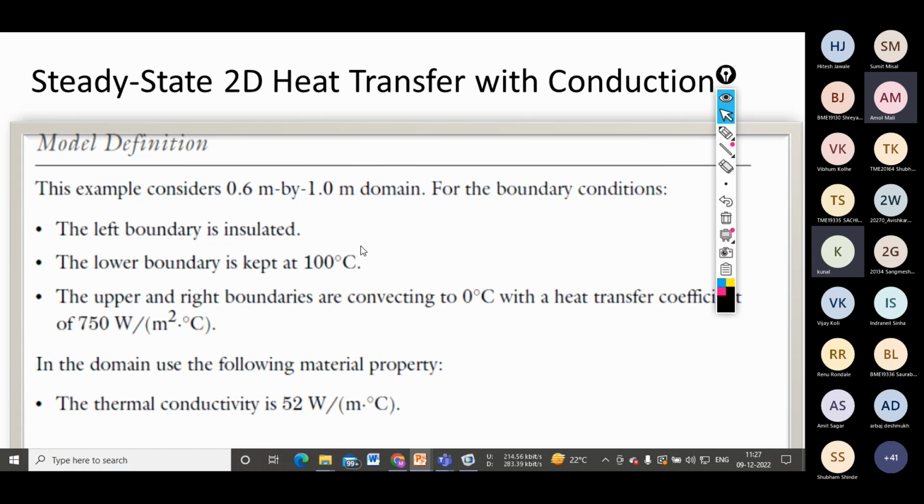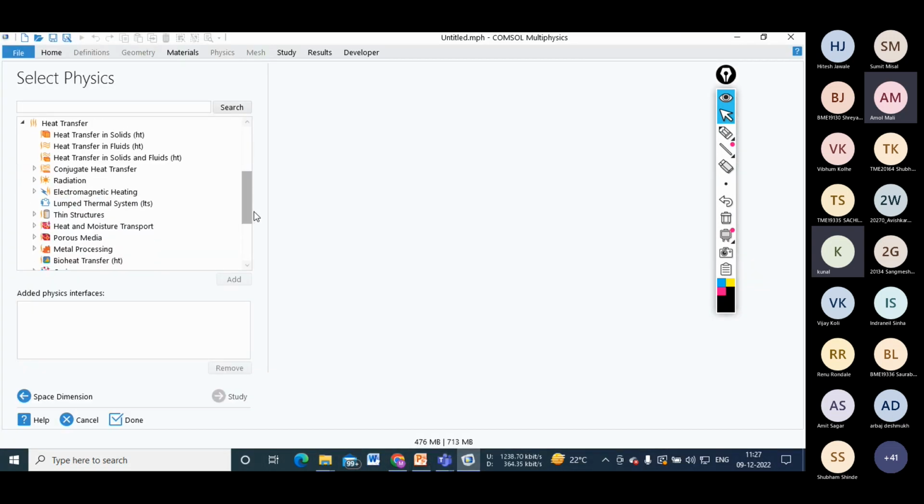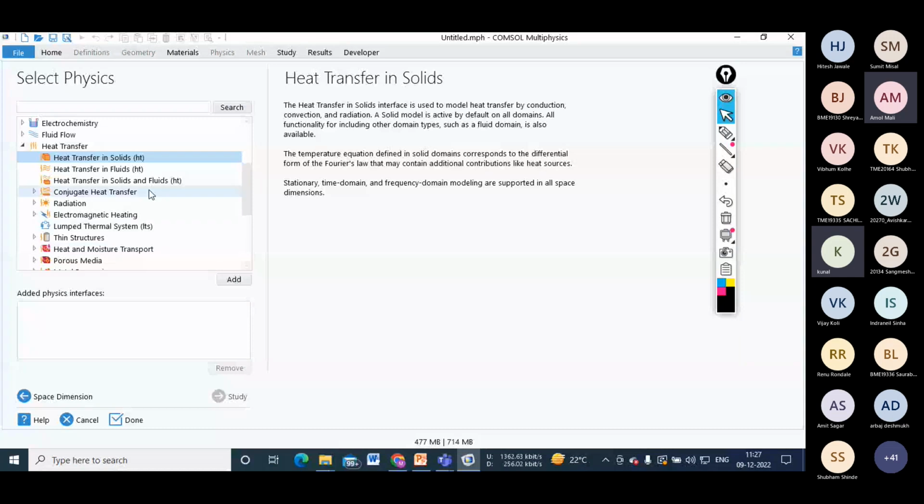Due to that, this is a 2D problem, so I have selected the 2D element, and then I will select the type of physics. Physics का type कौन सा है? Heat transfer in solid. Then I have to click on add, so it will add heat transfer in solid.